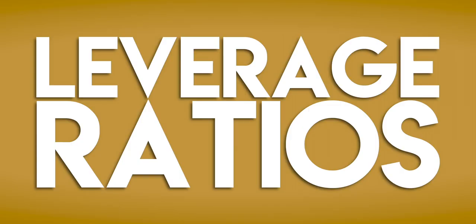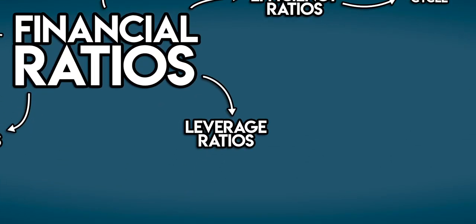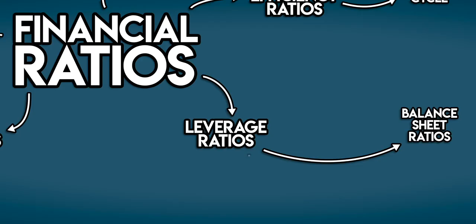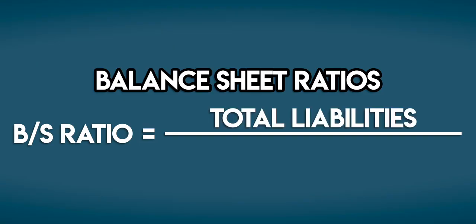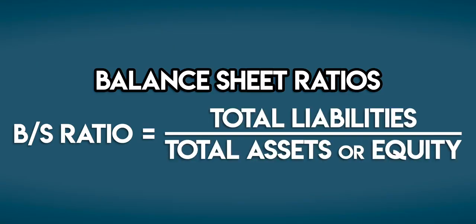Leverage ratios. Leverage is when you up your risk by taking on debt in order to maximize your return or reward. Leverage ratios can be split out into two categories: balance sheet ratios and income statement ratios. Leverage ratios in the balance sheet divide total liabilities by total assets or total equity.